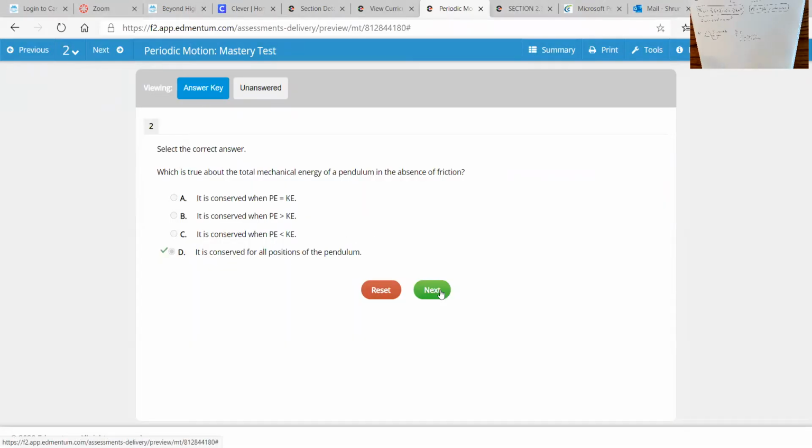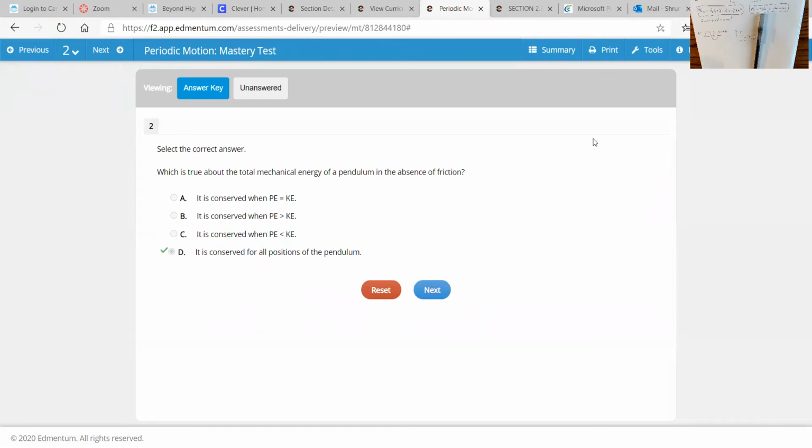Number 2. Which is true about the total mechanical energy of a pendulum in the absence of friction? So this part is important. Without friction, energy is conserved for all positions of the pendulum.